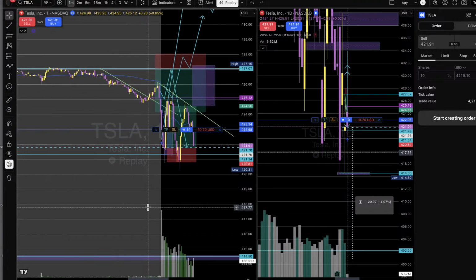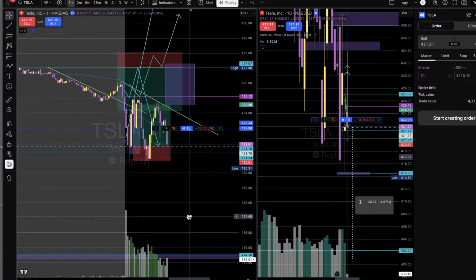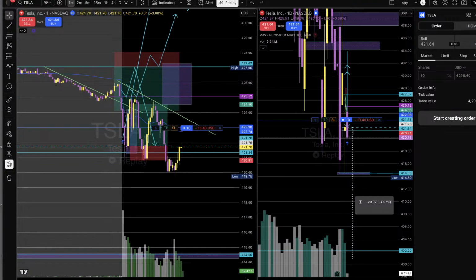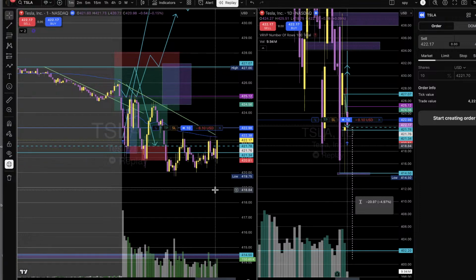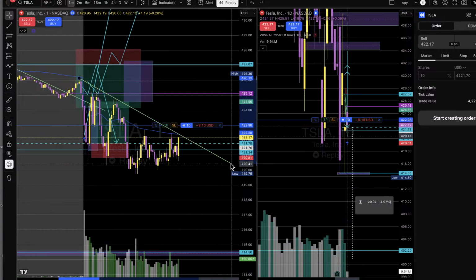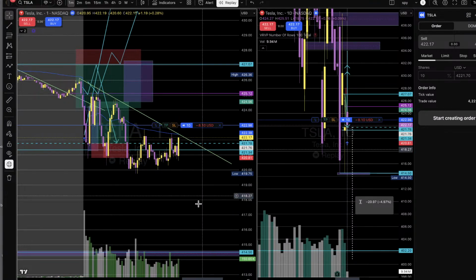But I would try to just wait for this if it reaches. Otherwise, I got nothing to do in this middle range. It's too messy. Too messy. I have no business in this area. No business.